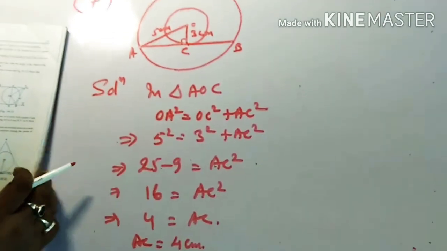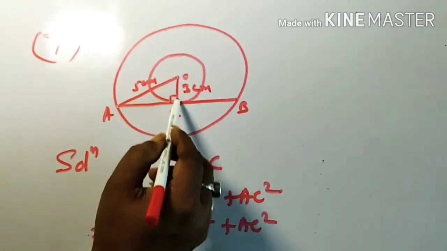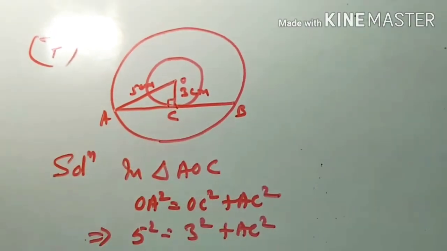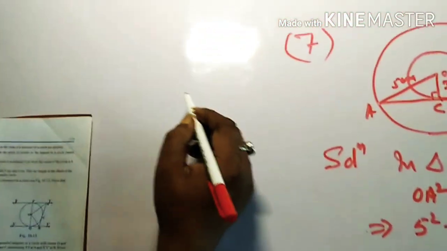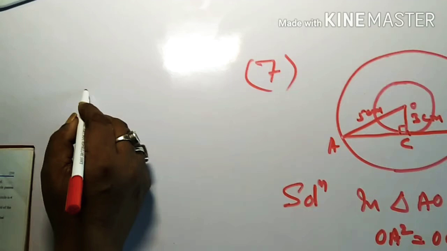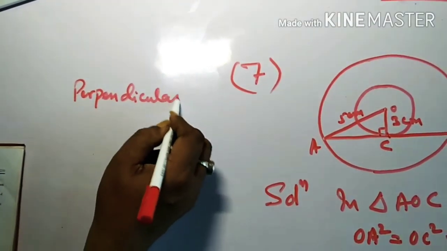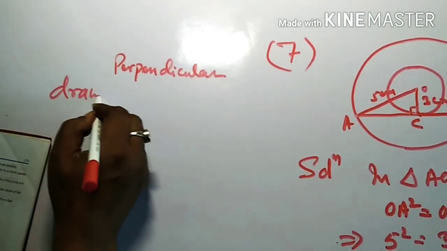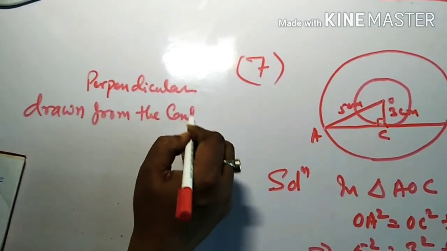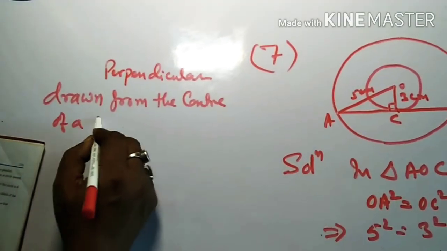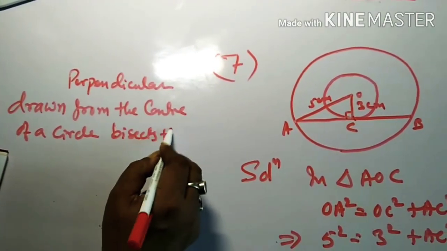Now we know one thing, that the perpendicular drawn from the center bisects the chord. There is a theorem which you studied in class 9, that the perpendicular drawn from the center of a circle bisects the chord.